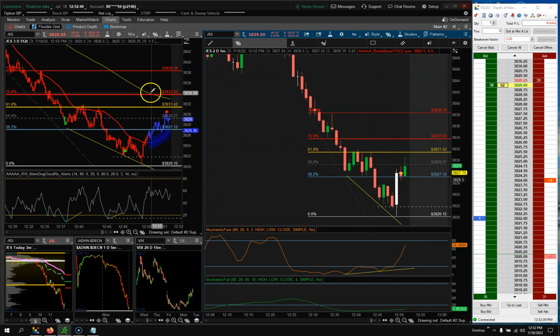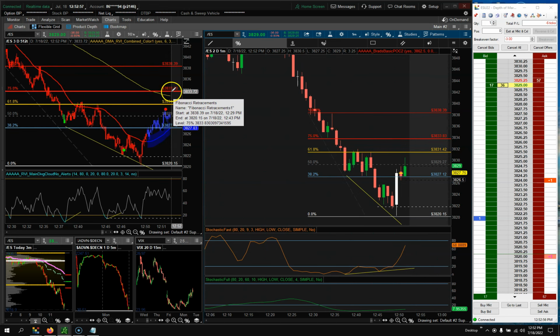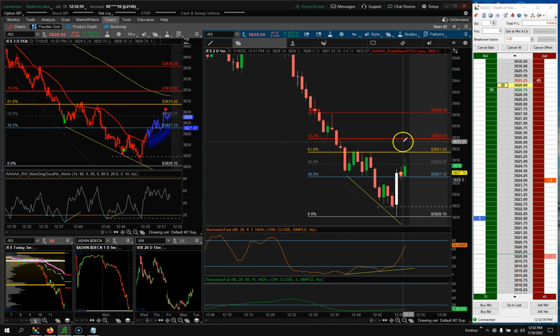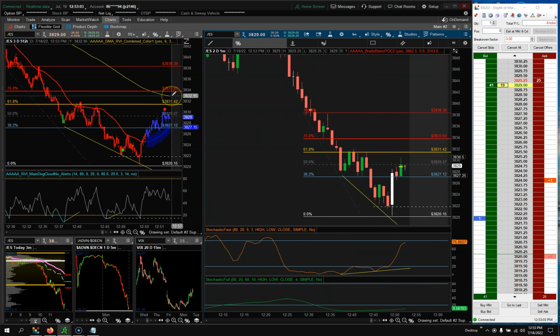But I do like how the 200 on the 512 lands right here at 33. What I may do is lean against this and just give it a 2 point stop, right? Because it'll hit the 75. Kind of front run this and just give it a discretionary 2 point stop loss. So essentially 33 to 35, right?